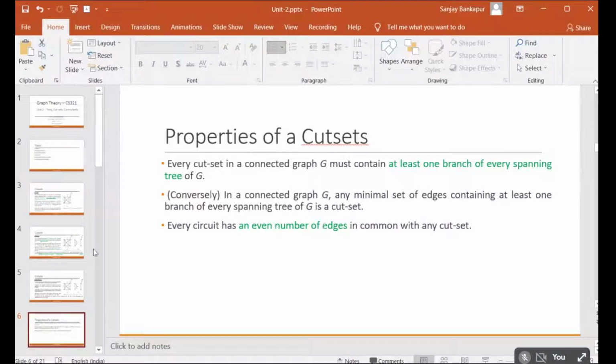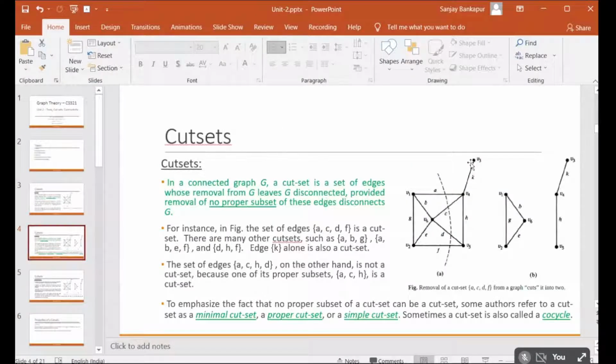If we go back and see here, there can be many spanning trees. If we take any spanning tree and find a cut set with respect to it, there will be a minimum of one branch. If you take any cut set, there will definitely be, because the cut set property is to make the graph disconnected. Suppose I have a vertex set V with V1 to V6, and removal of a few edges.